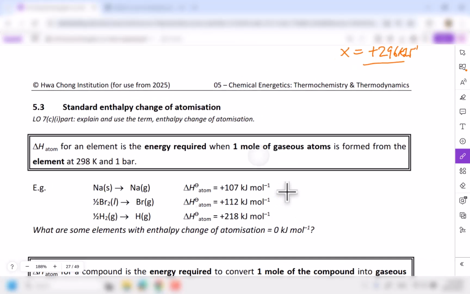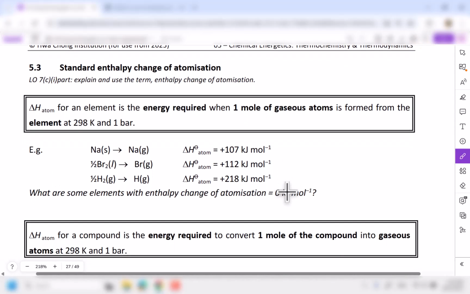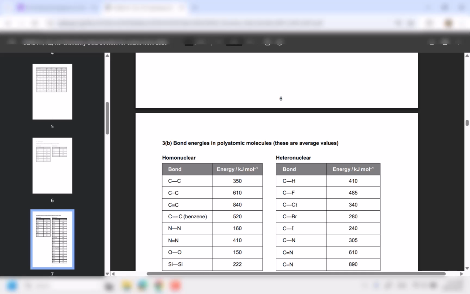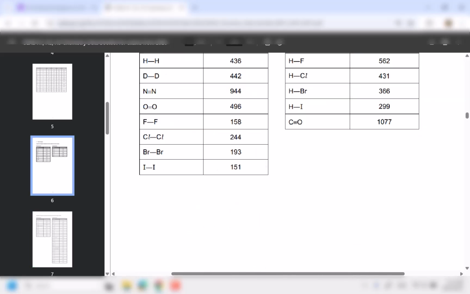Enthalpy change of atomization. So it is the energy required for one mole of gaseous atoms to be formed from the element under 298 Kelvin, 1 bar. So if you flip over your data booklet, let's say for bromine, you might notice something interesting, especially for hydrogen. So if I flip over, for hydrogen, you notice that it's 436.